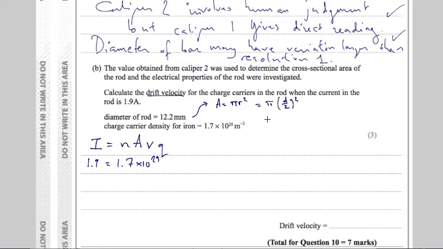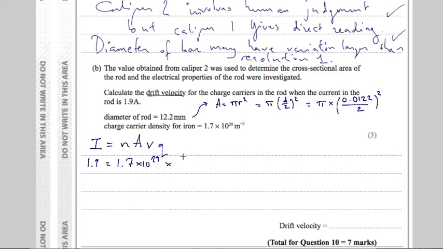But of course, we're going to need this in meters. So it's going to be pi times 12.2 millimeters, which is 0.0122 meters, divided by 2 squared. And I haven't actually worked out that number, I just put it all straight in my calculator, but we'll get there in a second. This is what you would put in.